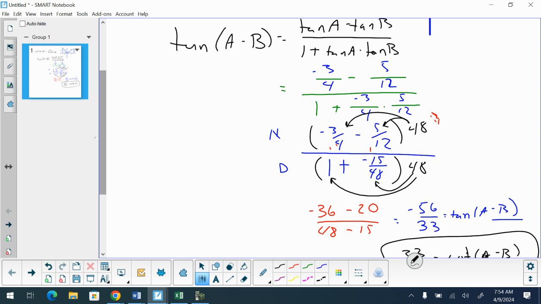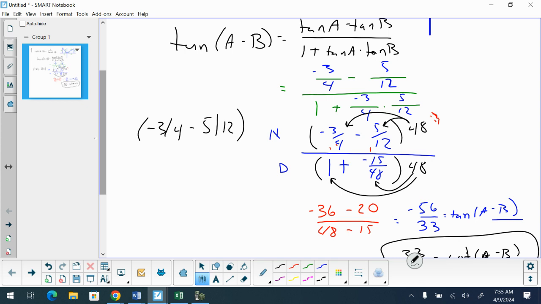Now, your calculator is a very nice tool. If you don't want to go through the complex fractions here and worry about complex fractions, what you can also do into your calculator is quantify. Quantify -3 divided by 4 minus 5 divided by 12.